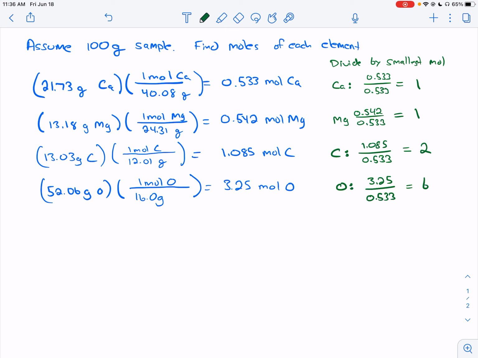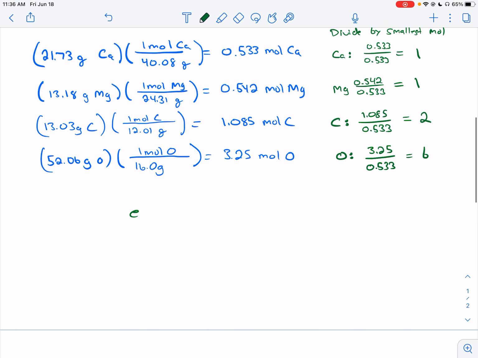So now we have the mole ratios, and so we can say our empirical formula is calcium, magnesium, carbon, 2O6. So this would be the empirical formula of this dolomite.